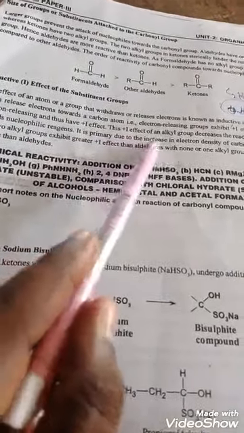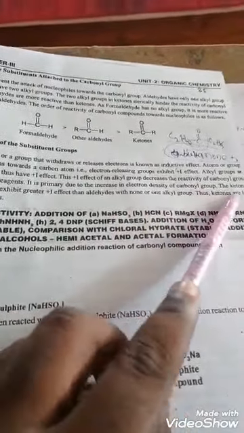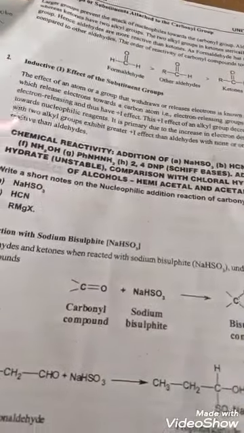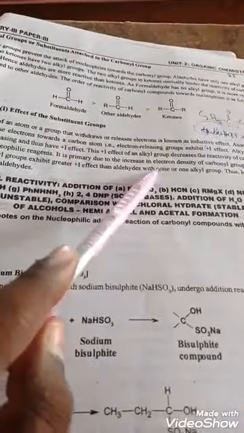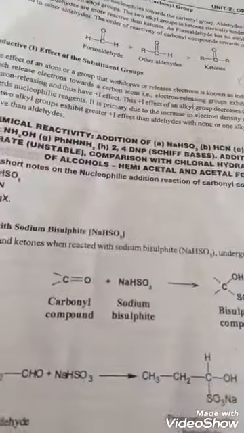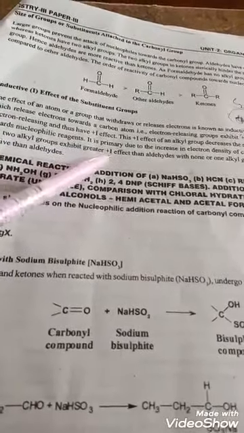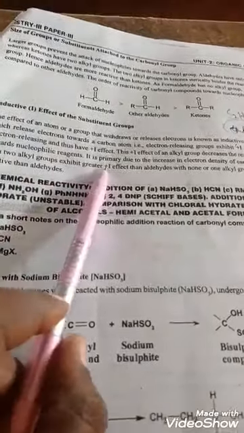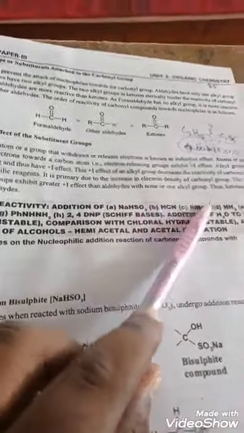This positive inductive effect of an alkyl group decreases the reactivity of the carbonyl group towards nucleophilic reactions. It is primarily due to the increase of electron density of the carbonyl group. Ketones with two alkyl groups exhibit a greater positive inductive effect than aldehydes with none or one alkyl group.